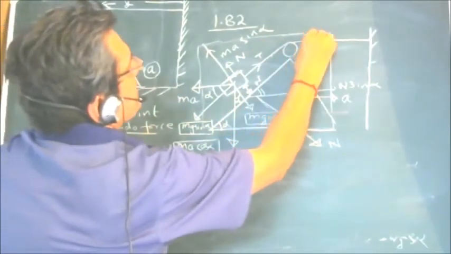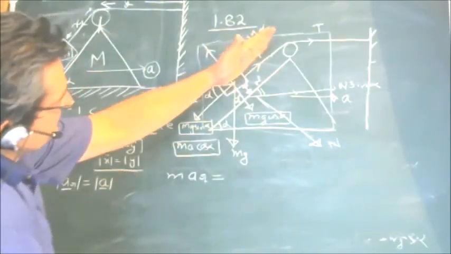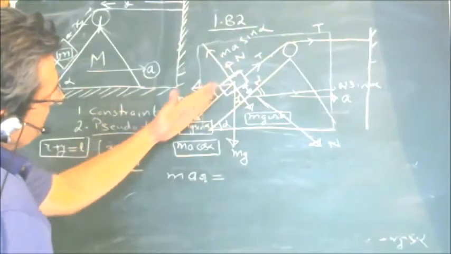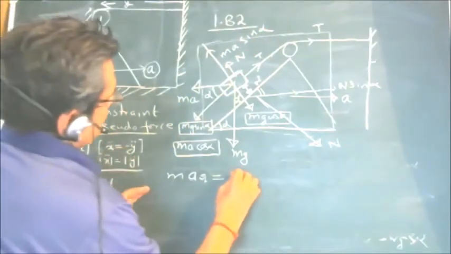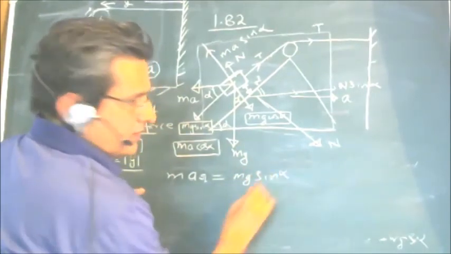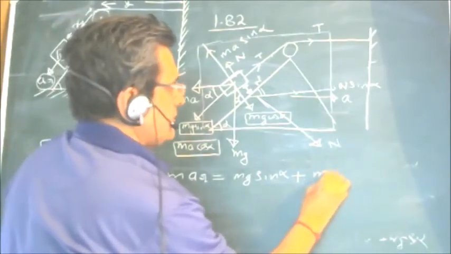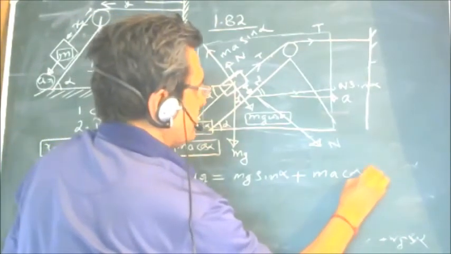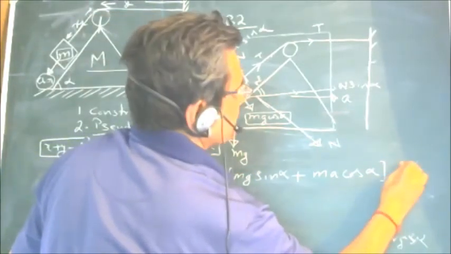This will be T and this will also be T. Now, what are the forces acting along the acceleration AR? These are mg sin alpha plus ma cos alpha minus T.